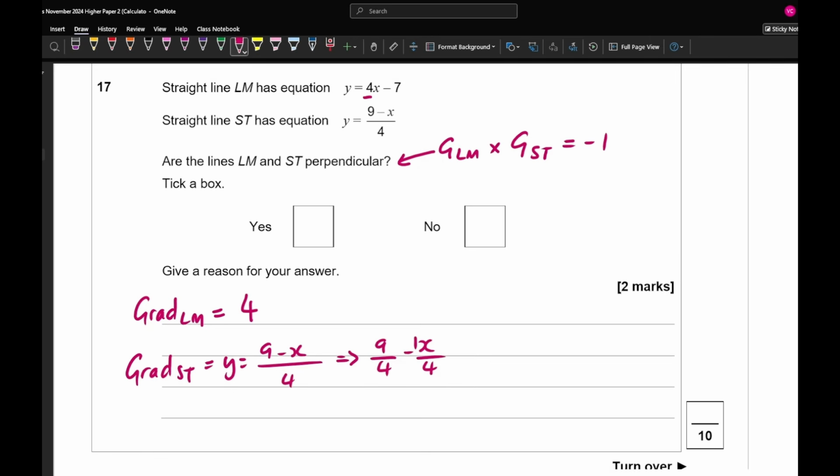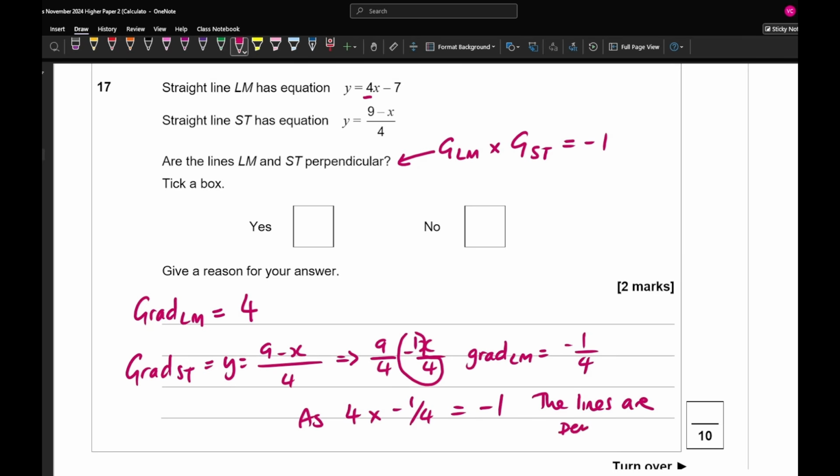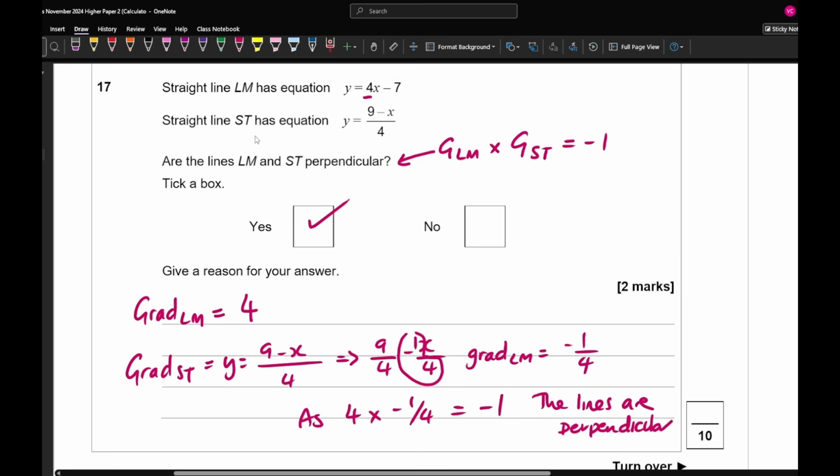Now, if I stick a 1 there, then what I recognize is that the gradient of ST is going to be minus a quarter. As 4 times minus a quarter equals minus 1, the lines are perpendicular. And so the box I need to tick is going to be yes.